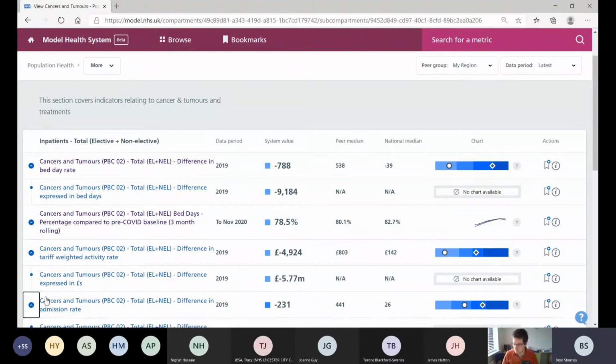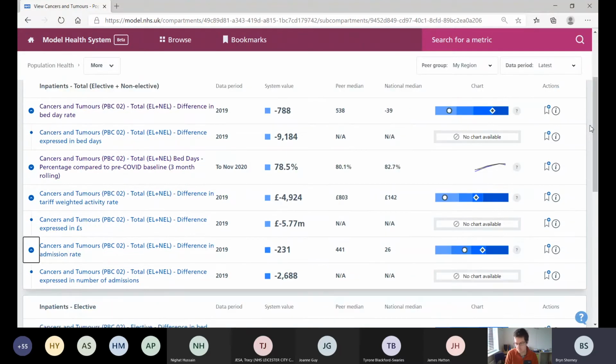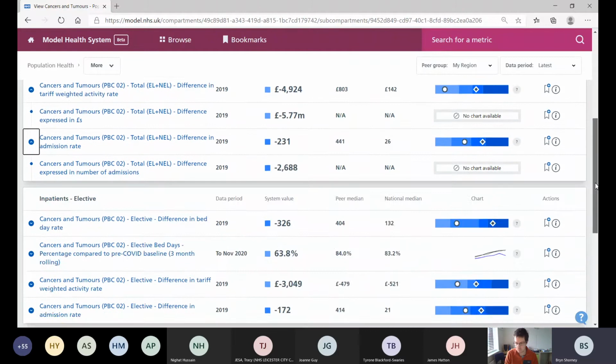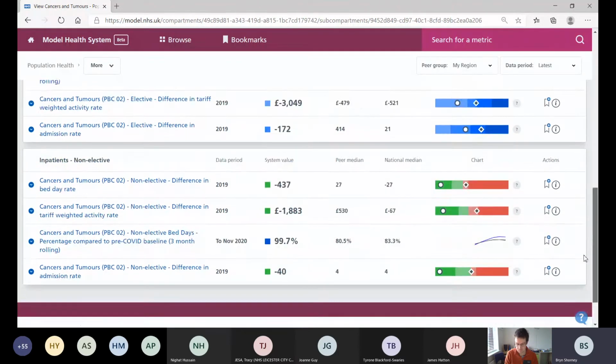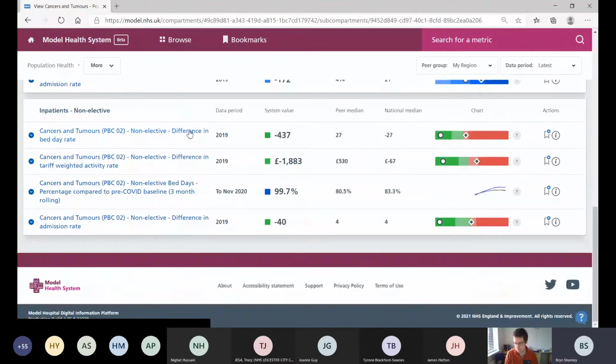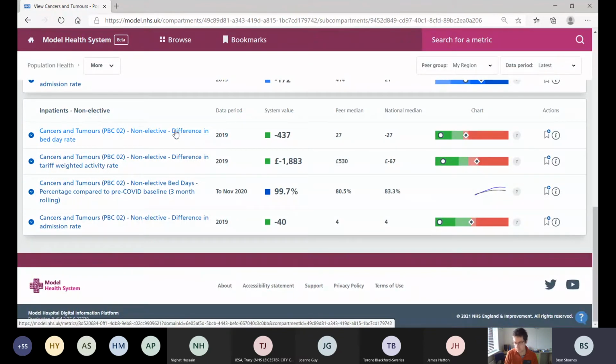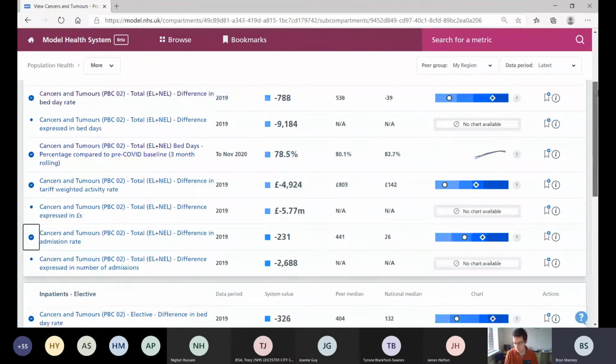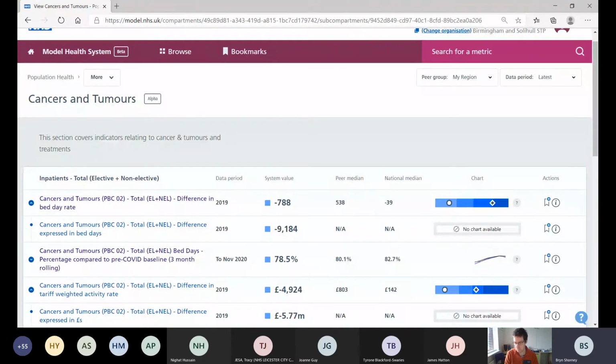That's just the mandatory tariff activity, and that also equates to 2,688 patients. We present that data in those three different ways, and then we also break that down for elective and non-elective. And as mentioned earlier, we RAG rate the non-elective metrics. So I'll just pause there to see if anyone's got any questions on that.